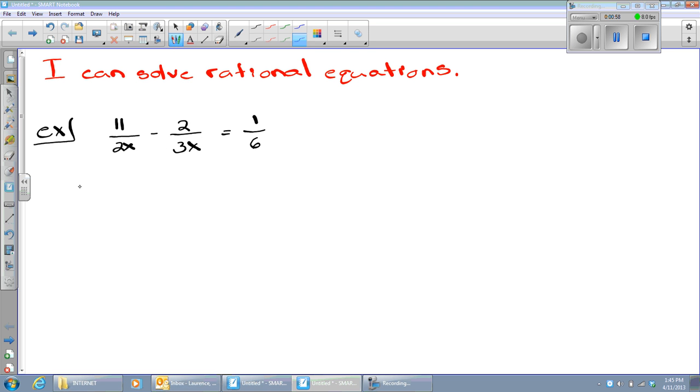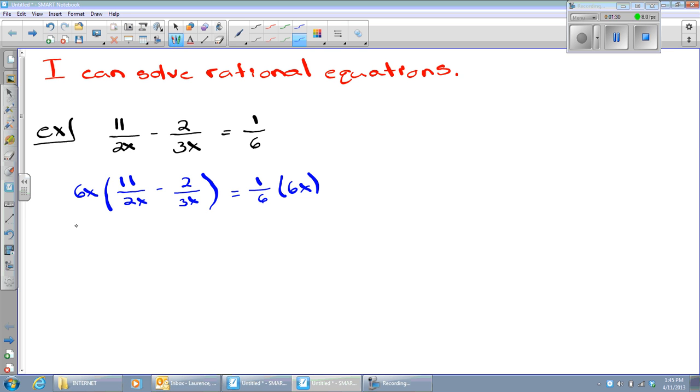So our common denominator is 6x, and we are going to multiply that by the entire thing, 11 over 2x minus 2 over 3x. Whatever we do to one side of the equation, we have to do to the other side, so we're also going to multiply 6x to the 1/6.